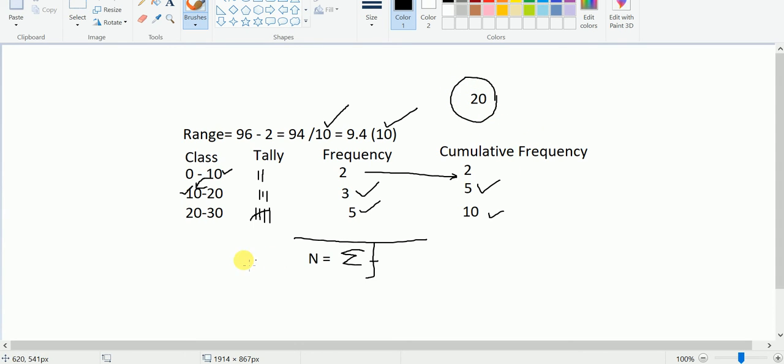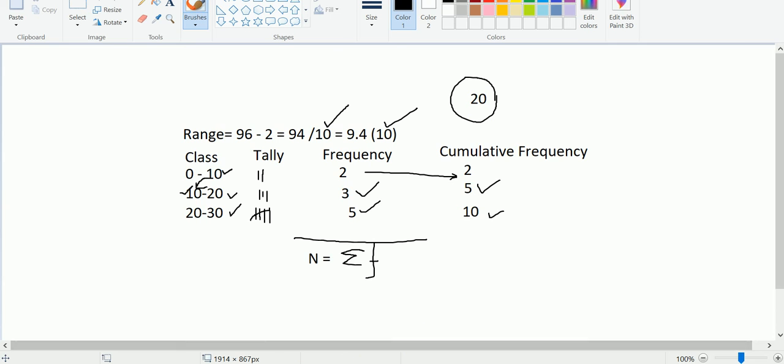So in which class? Here or here? In which class is 20 to be included?